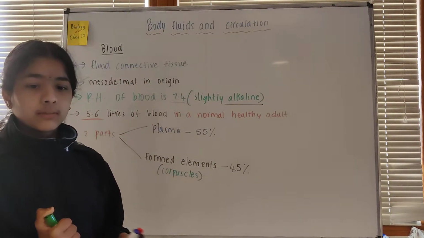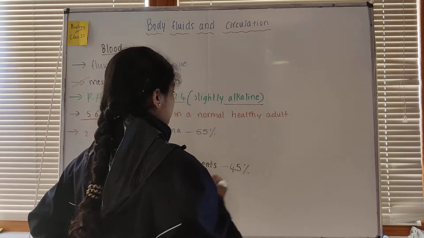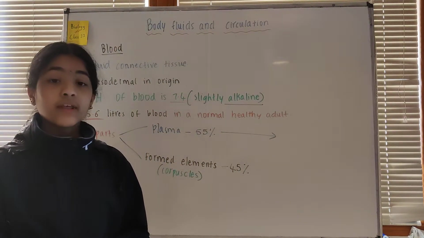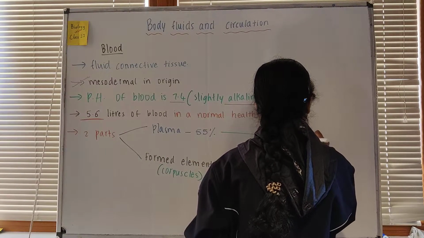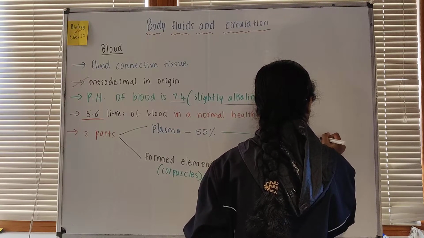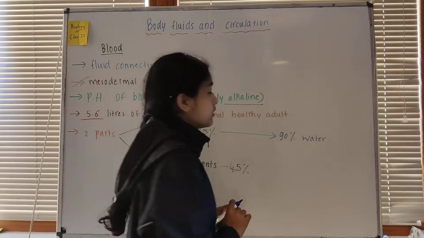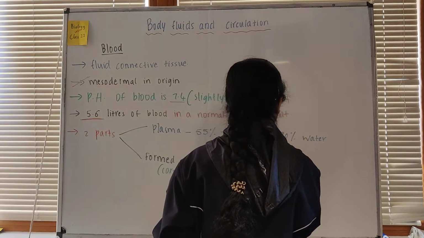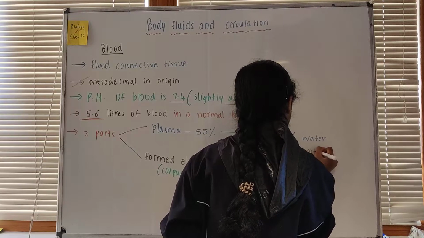Now we'll talk about plasma. Plasma consists of 90% water. It also contains 7 to 8% proteins, so various proteins that are present.